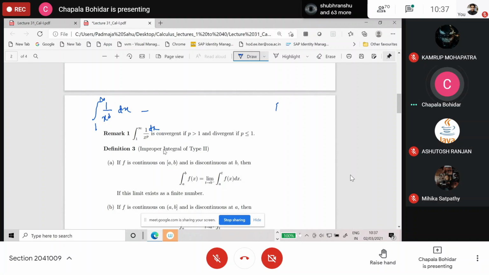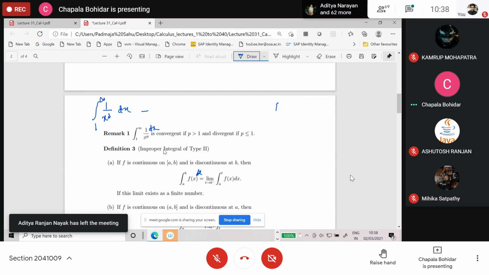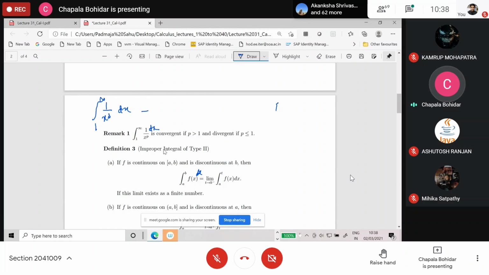We got it. Now, the definition of improper integral of type 2. If f is continuous on [a, b), where a is closed and b is open, meaning it is discontinuous at b, then the integral from a to b of f(x) dx is equal to the limit as t tends to b minus of the integral from a to t of f(x) dx.